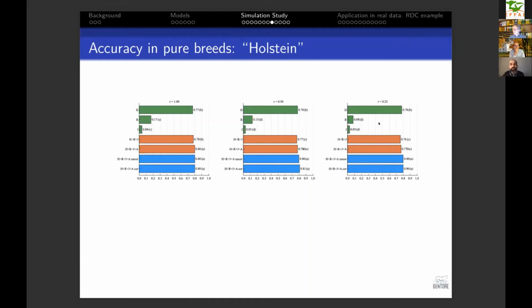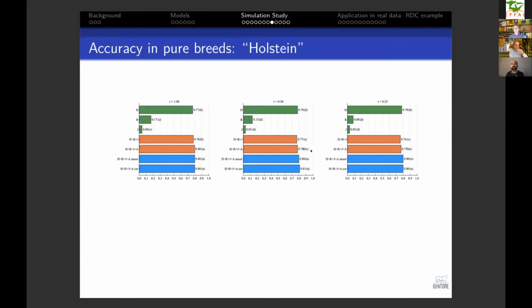In this case, adding other pure breeds in the reference population didn't really increase or even decrease the accuracies, maybe less apparent than we observed in Jersey, but yet it doesn't really add any information. And when we add data from admixed individuals, the best we could have is we reach the accuracy we have with the Holstein population.